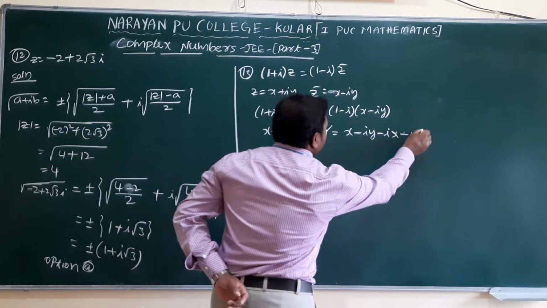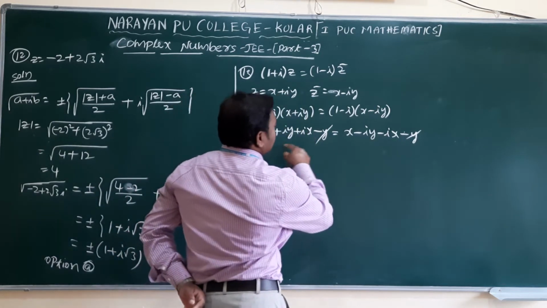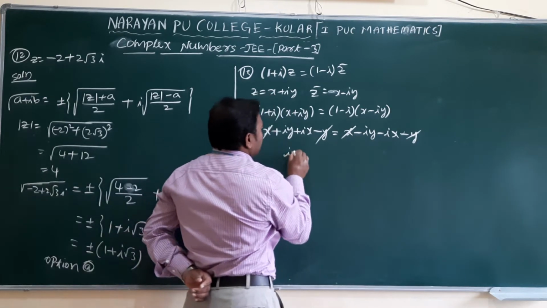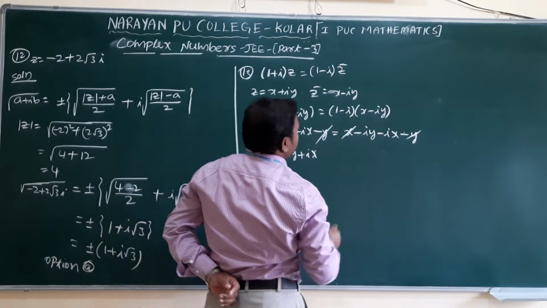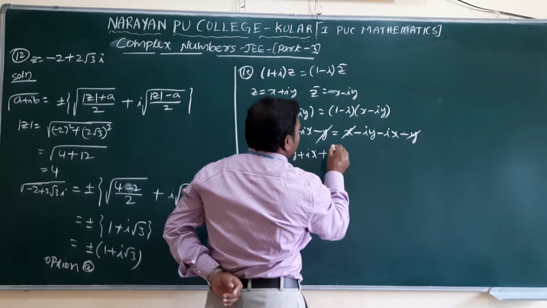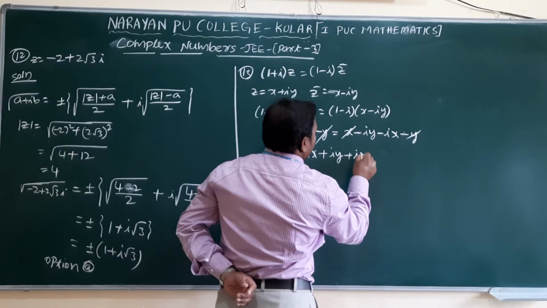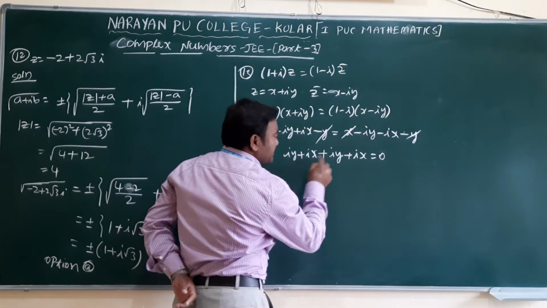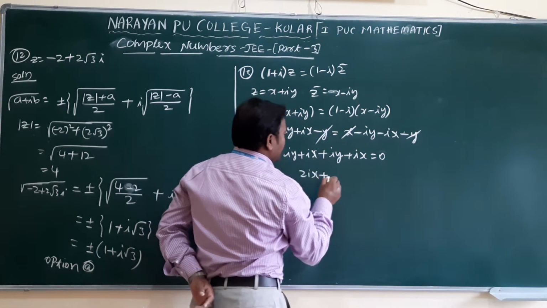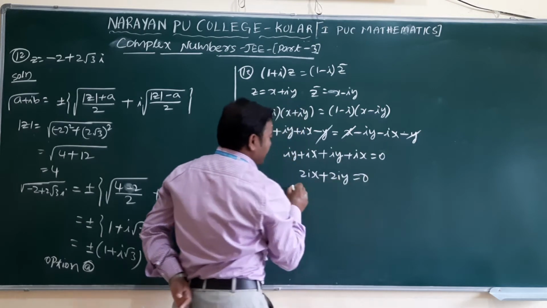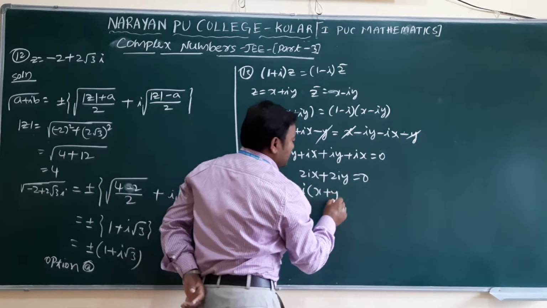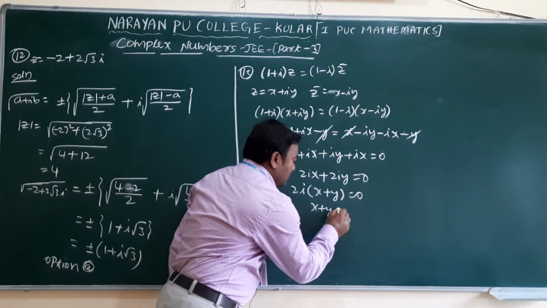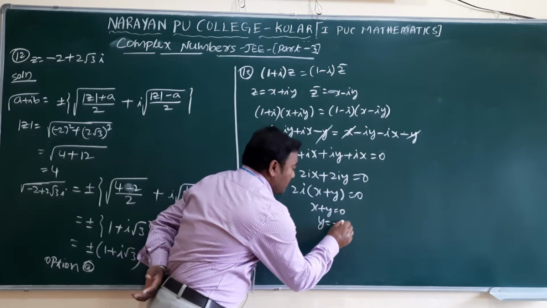So here minus y gets cancelled, x gets cancelled, remaining iy plus ix plus iy plus ix is equal to 0. So 2ix plus 2iy is equal to 0. Taking 2i common, remaining x plus y is equal to 0, but 2i is not equal to 0, so x plus y is equal to 0, so y is equal to minus x.